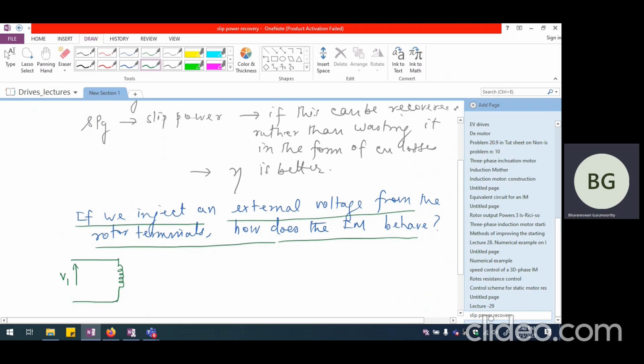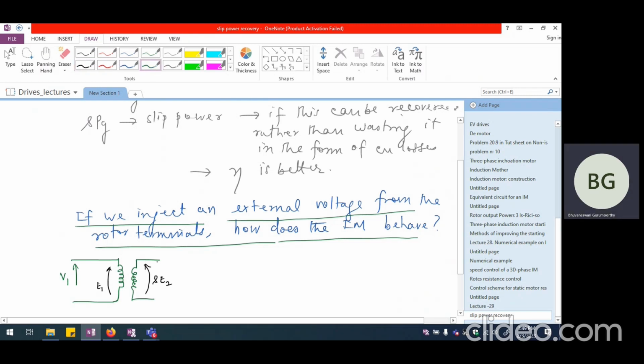And I will have E1 as the induced EMF across the stator winding, per phase. Now we are going to have the rotor circuit sitting here, and the voltage that is induced in the rotor per phase is S times E2 if the motor is running with the slip of S.